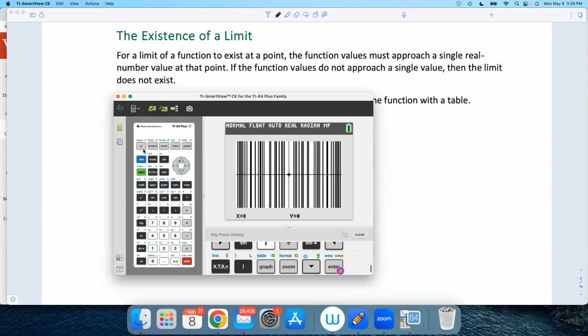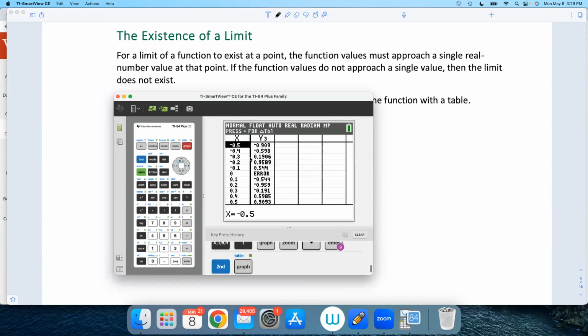We can look at table values and we'll see that. So I don't remember what window I got here. So just looking at these numbers, I wouldn't say that looks to me like it's approaching anything. Remember, you can never prove a limit exists using a table.